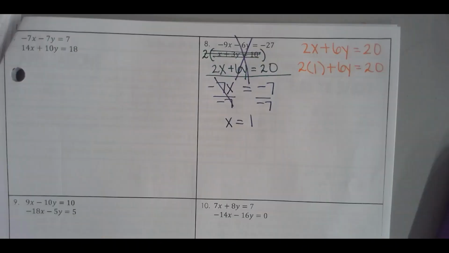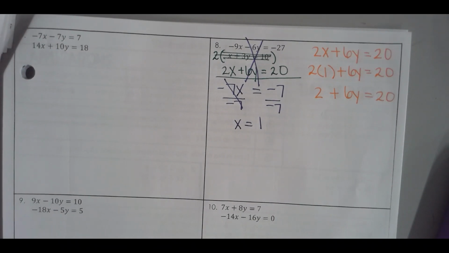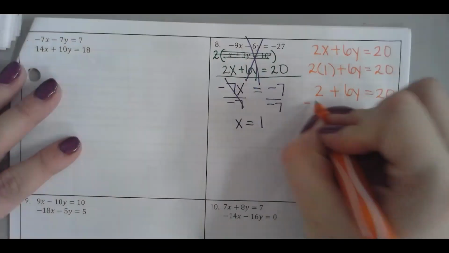2 times 1 plus 6y equals 20. Zach, what is 2 times 1? 2. So 2 plus 6y equals 20. So Kylie, what do I need to do next? Subtract the 2. And that's going to give me what? 18.